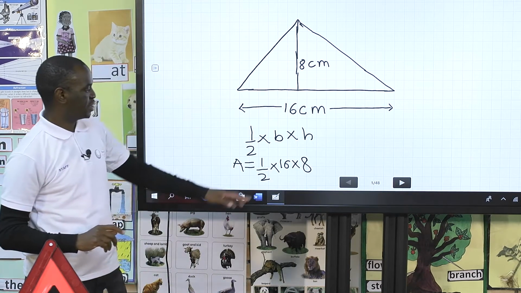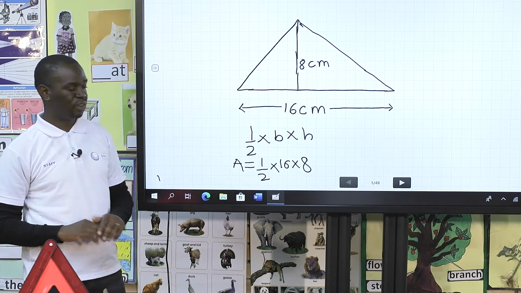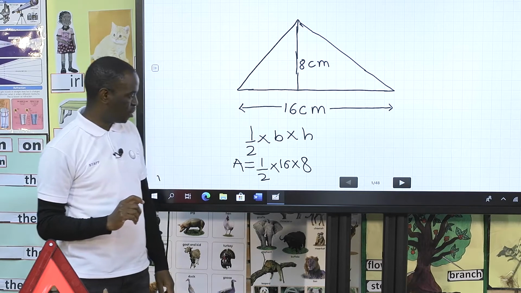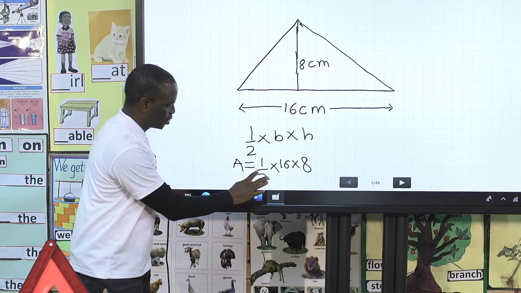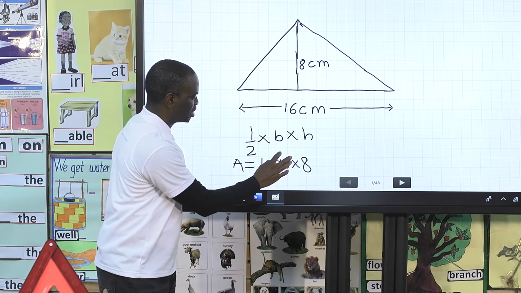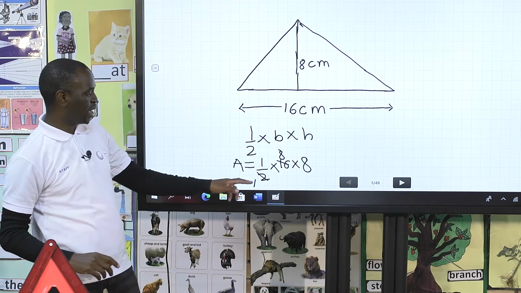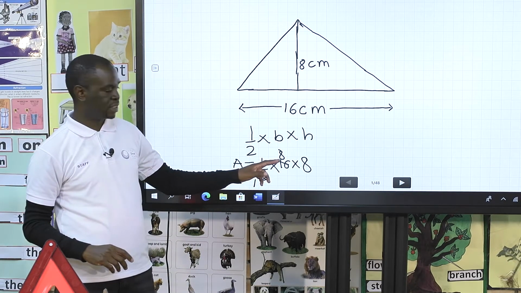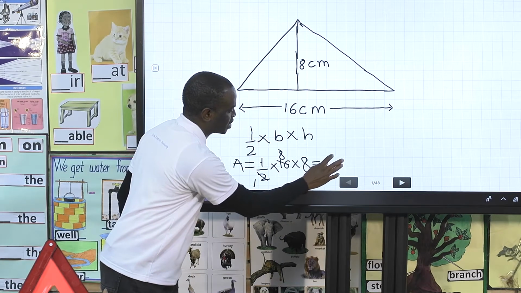Now 8 is the height that we have in our triangle. From there, we can now divide the numbers. 2 goes into 16 8 times, and then now we can multiply 1 times 8 times 8, which gives us 64.